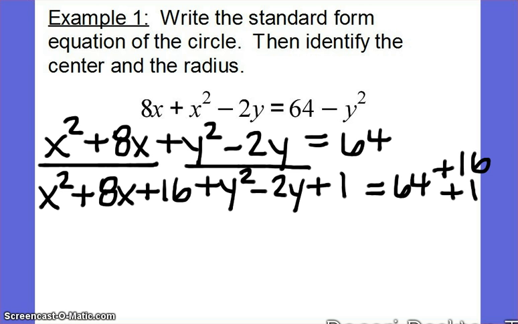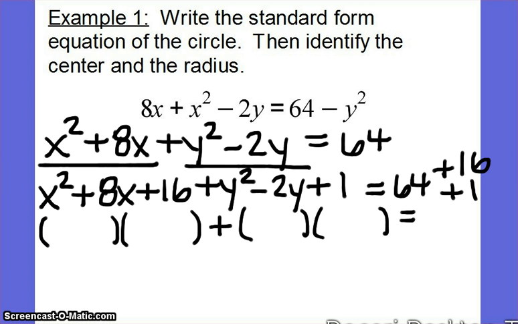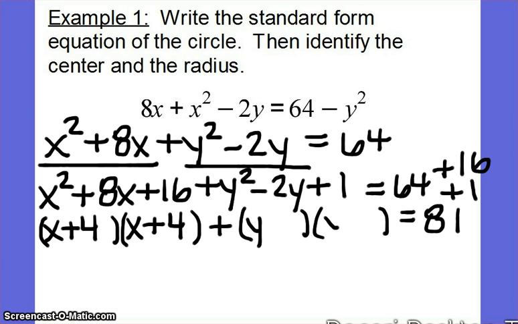Now to complete the square, we'll factor the x terms. We'll also factor the y terms. And when you add the 64, the 16, and the 1 together, you get an 81. So I'll have x and then plus 4 in each set of parentheses, since I have a perfect trinomial. I'll have y with a -1 in each set of parentheses, since I've created a perfect trinomial.